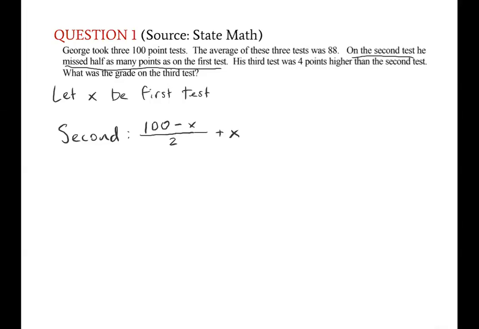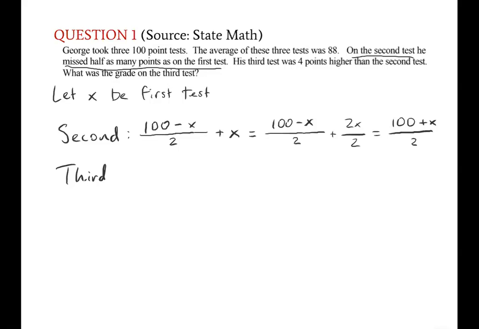So if we simplify this and make this into one whole fraction, we'll find that his second test score can be represented by (100 plus x) divided by 2.